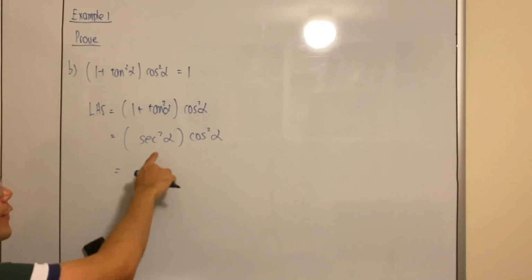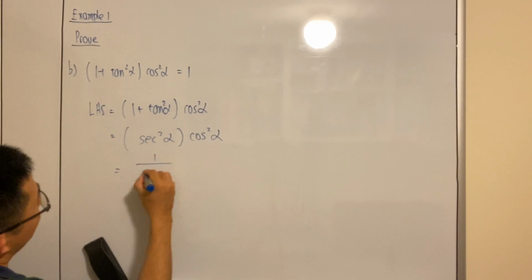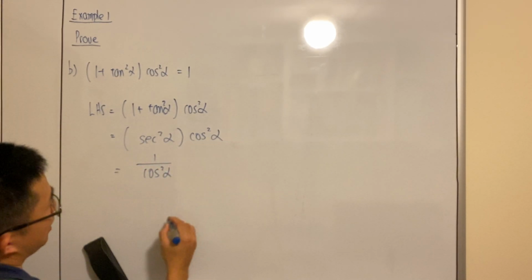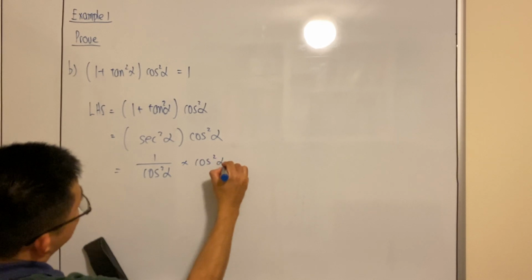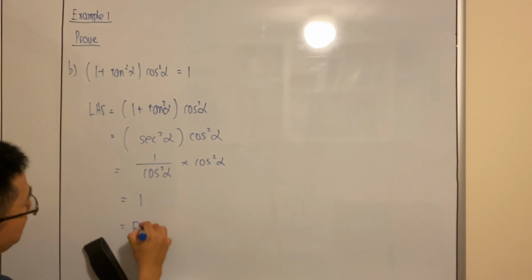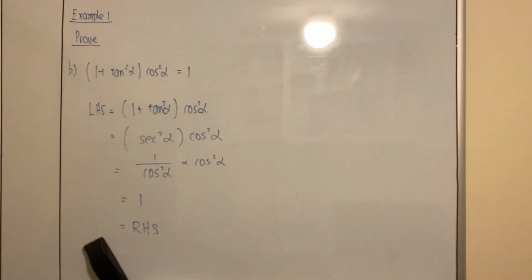Right, now I hope you realize that sec squared is equal to 1 over cos squared alpha, times cos squared alpha, and then that is equal to 1 when you multiply both. All right, so it looks pretty easy. They're still pretty easy, not really hard to do. When you spend a few steps, you remember the formula, you should be able to do the question quite easily here.